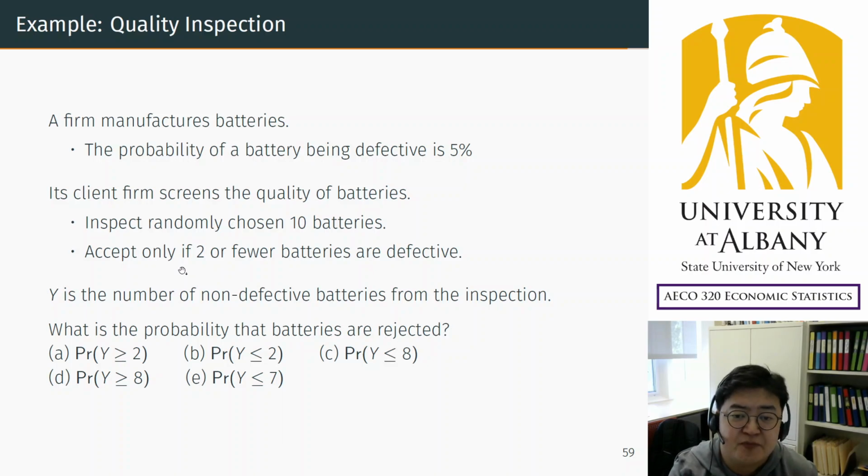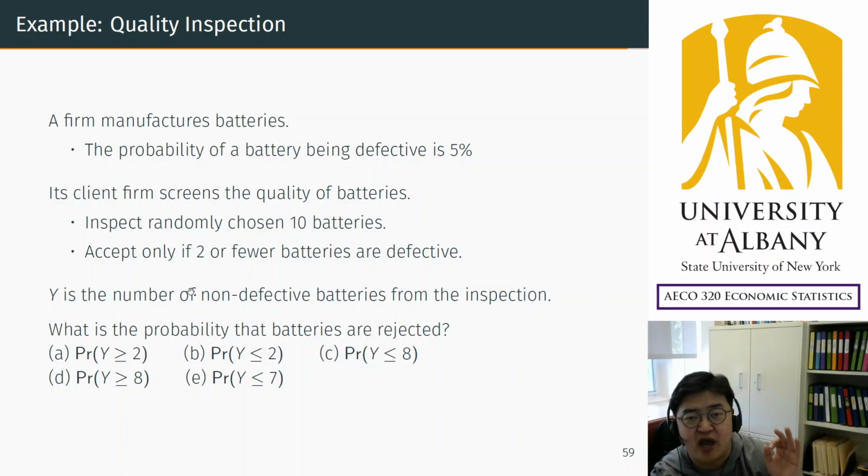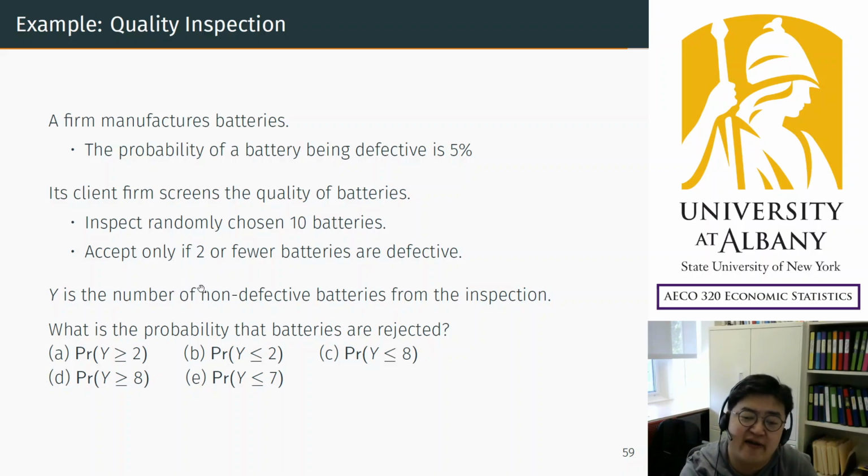That means if there are 8 or more non-defective batteries, then you are going to be okay. However, I am asking you the probability of rejection. So, like I said, 8 or more batteries are okay, but then the other side is rejected if 7 or fewer batteries are non-defective. So the answer is E.